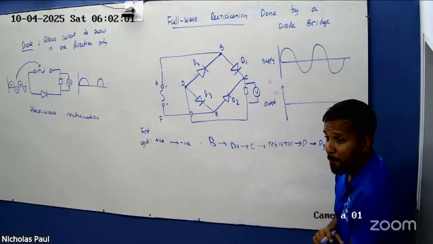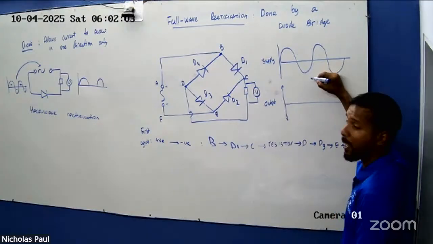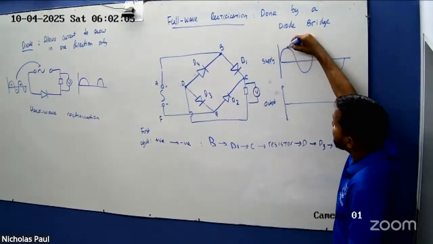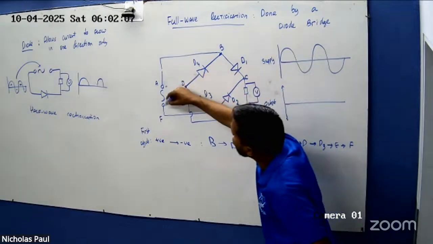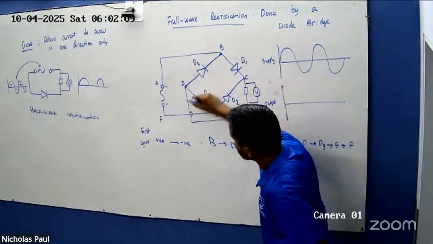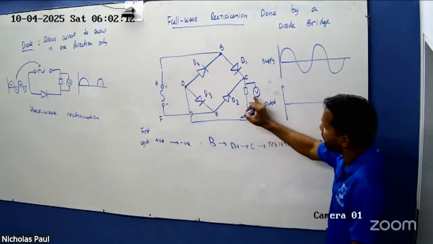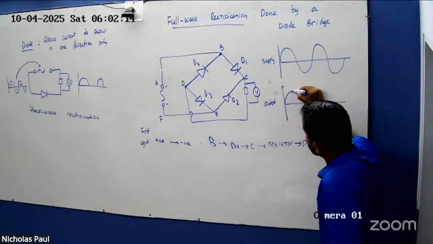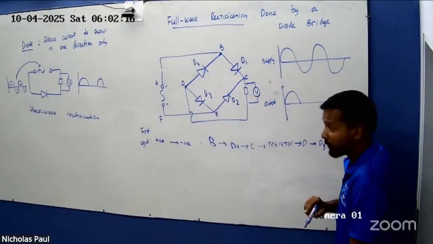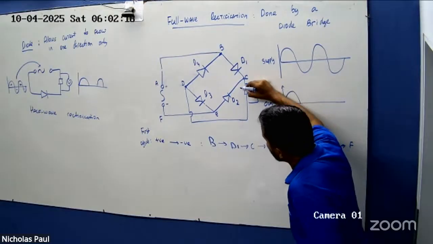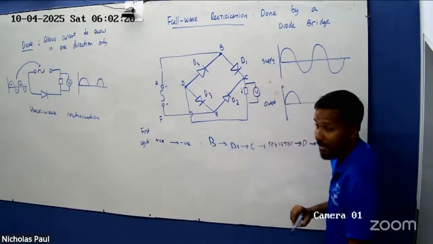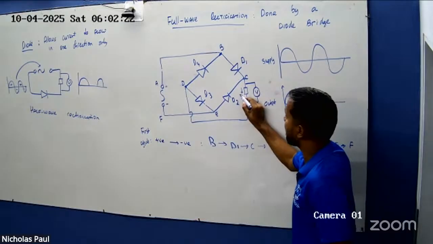Now, what's happening here? During the positive cycle, all of the current flows this way, so the voltmeter will pick up this. I put in a little arrow here, current going that way. Are you okay with that?